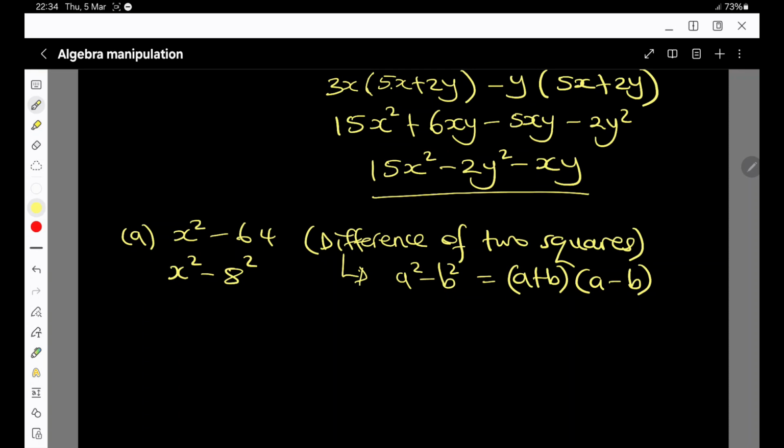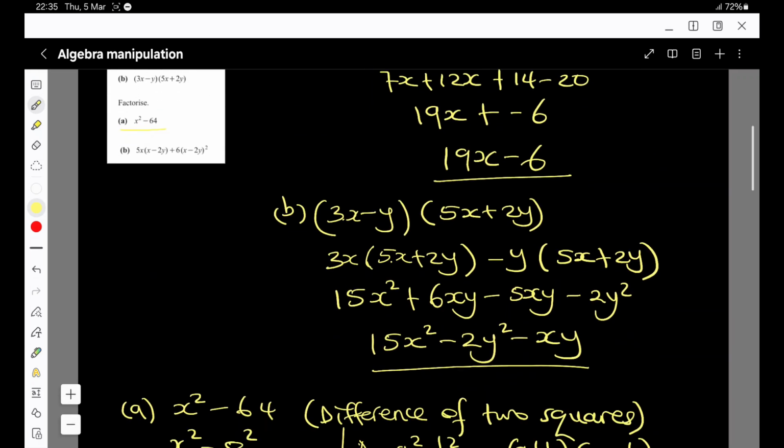So to factorize it completely or directly immediately without any delay, you just rewrite it as a square, and then after, write it in form of a plus b, a minus b, which would be x plus 8 into x minus 8. So this is the factorization of the difference of two squares.